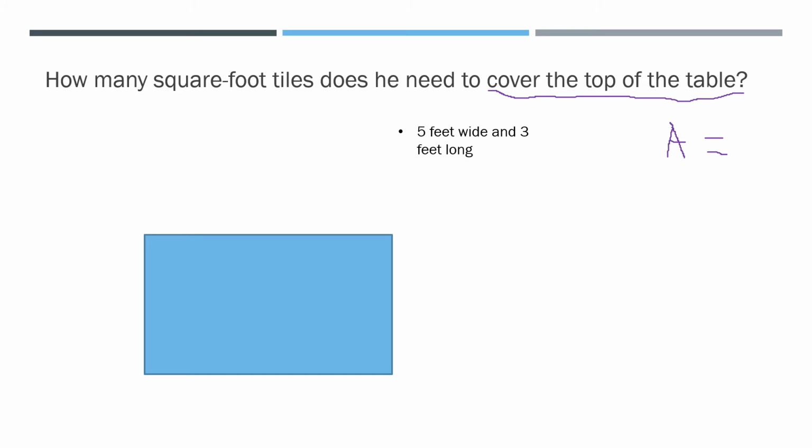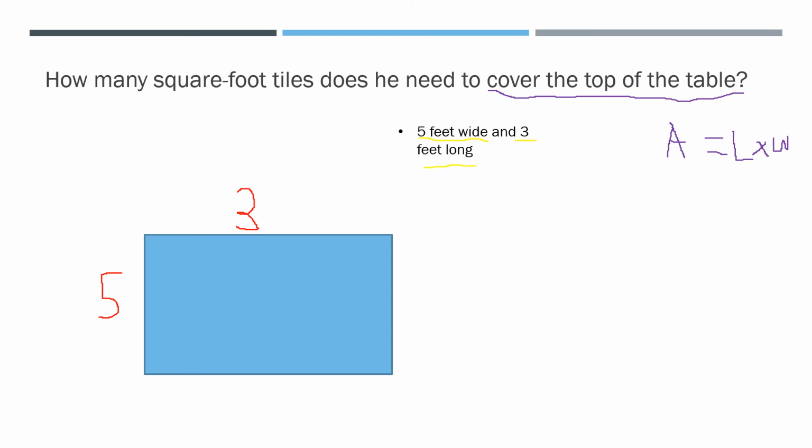Now, the problem also told us that the table is 5 feet wide and 3 feet long. Our width then would go right here, so it's 5 feet wide and 3 feet long. Our area formula is length times width, so we're just going to plug in the numbers that they gave us and multiply them.